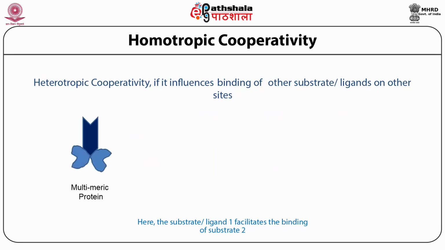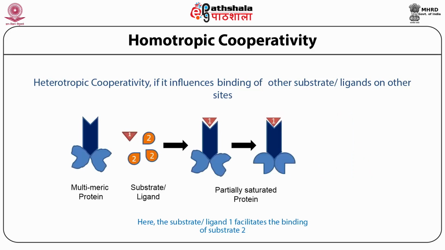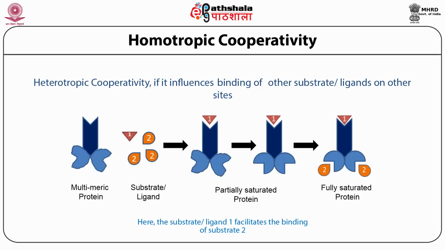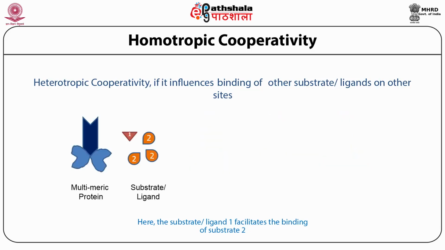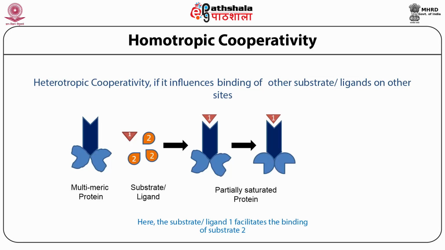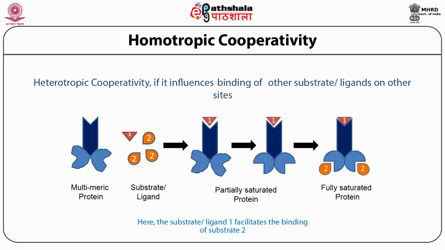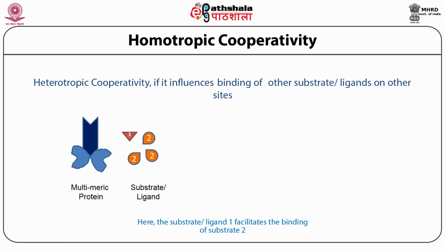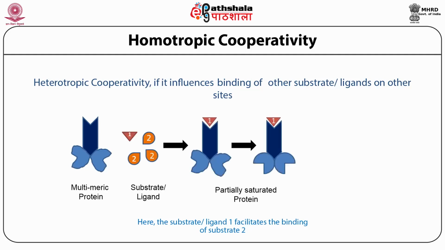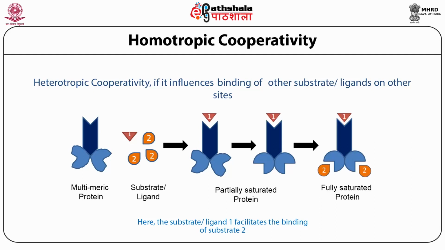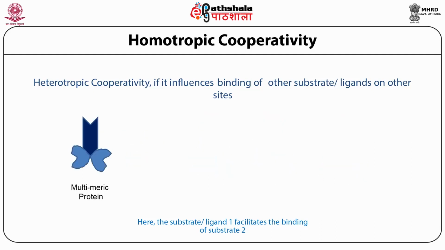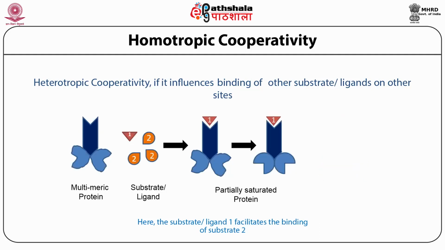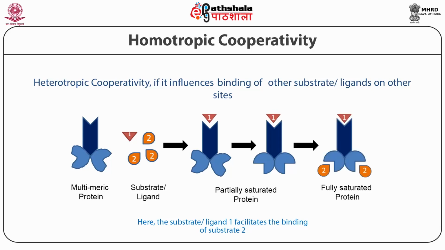In the figure you can see that when substrate 1 binds on the active site of one subunit, it brings a structural change in other subunits, and then the other subunits can easily bind substrate 2. So there are two different substrates, and the binding of substrate 1 is facilitating the binding of substrate 2.